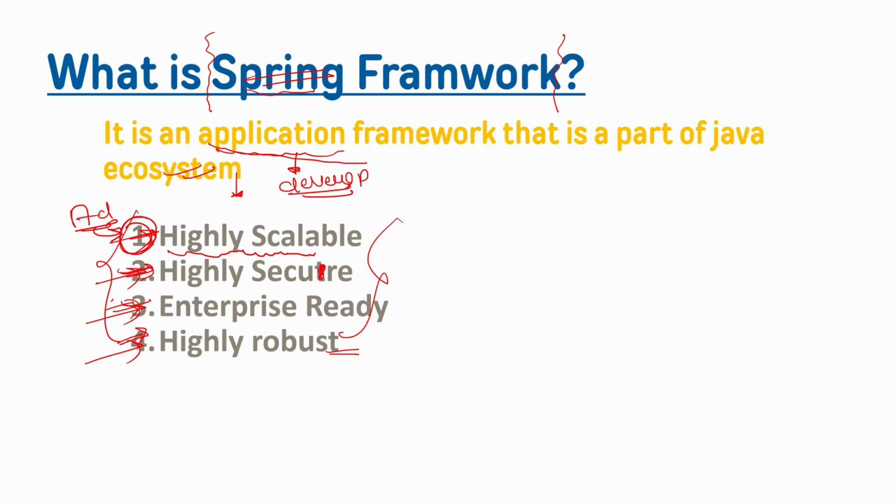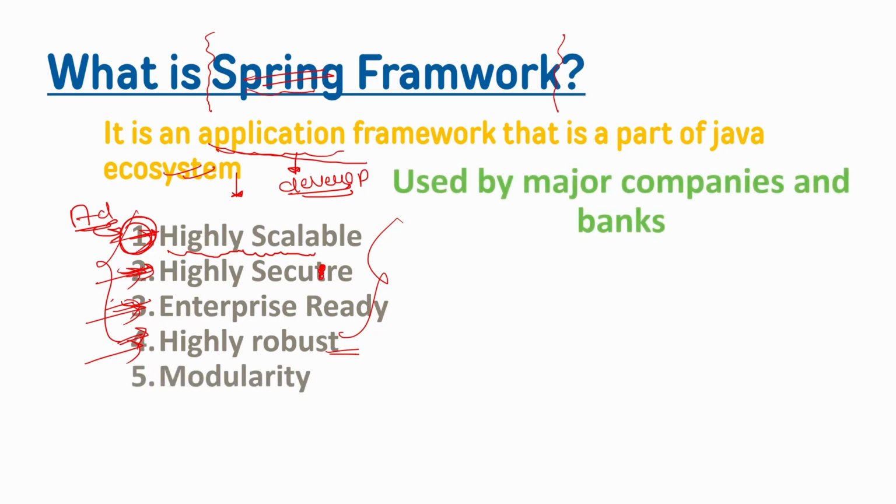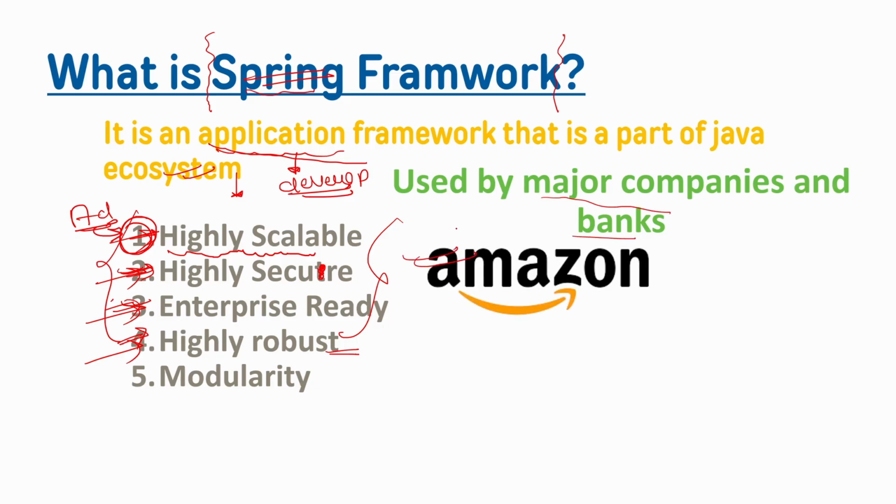Due to all of these advantages, the Spring framework is used by major companies, and all of the major banks use the Spring framework for implementing their websites or backend. For example, Amazon uses the Spring framework for its backend service.